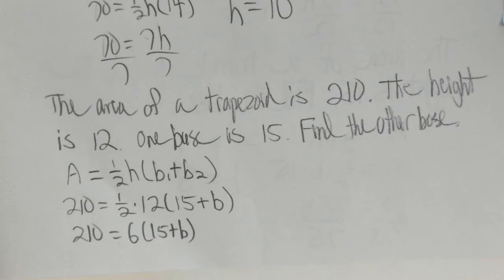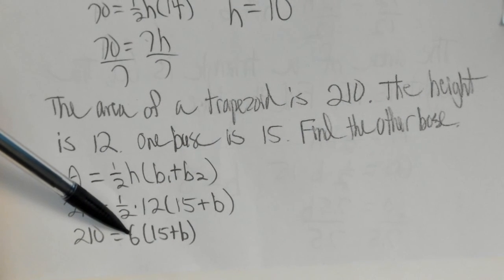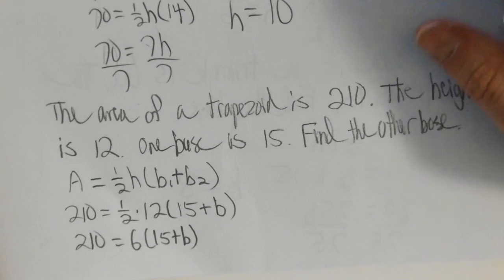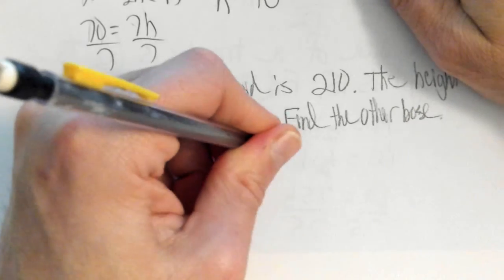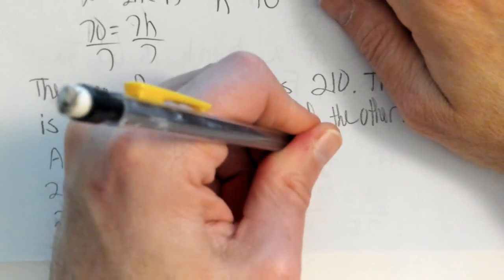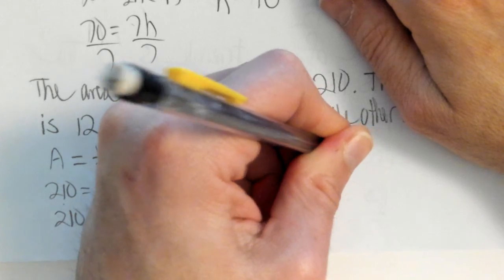All right. Now from here we need to deal with the parentheses. So the 6 on the outside of the parentheses, we'll need to use the distributive property to multiply it by everything inside the parentheses. So now we've got 210 equals 6 times 15 is 90 plus 6 times b is 6b.